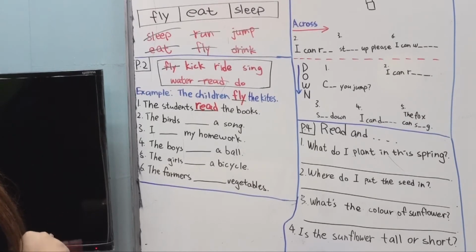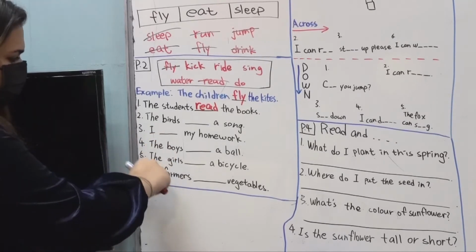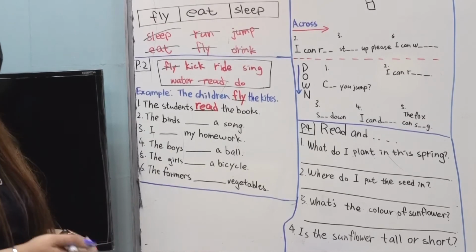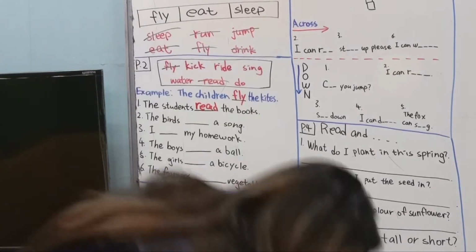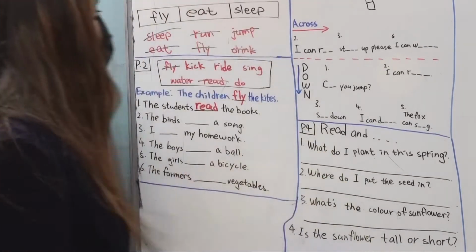Alright, I have done 2 examples with you, right? I'll do 1 more with you, then the rest of it do it by yourself. The birds, what a song. What can you do with the song? What can you do with music and all that?